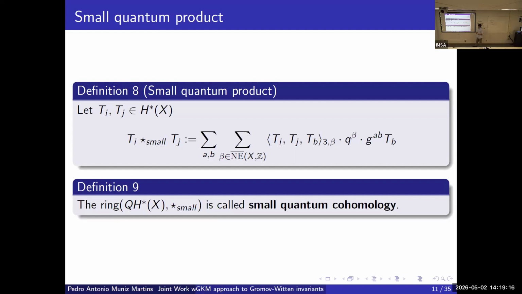And this ring is called the small quantum cohomology. The small quantum cohomology we can compute, and the idea was to build a program that is able to compute the eigenvalues of the first Chern class composed with the small quantum product for flag manifolds. This is the talk of Giovanni's.